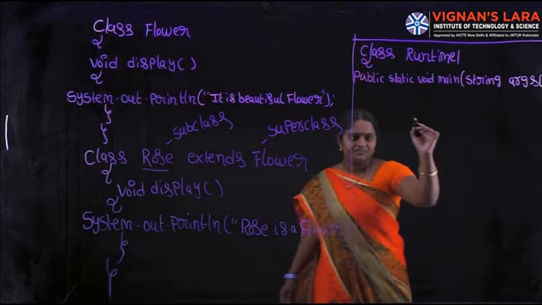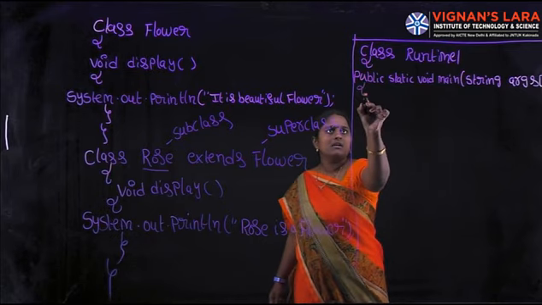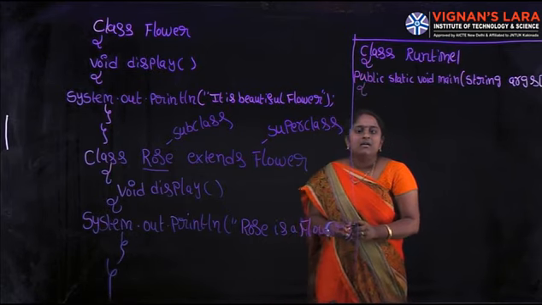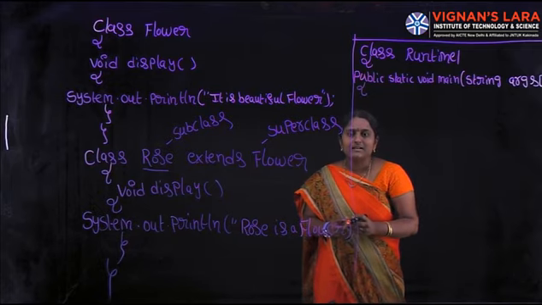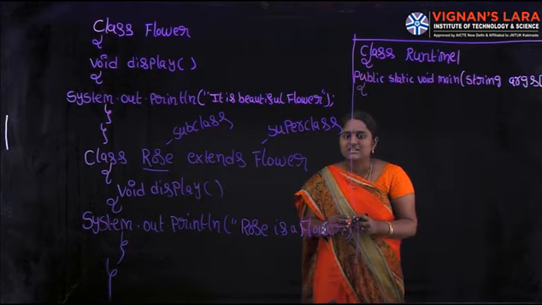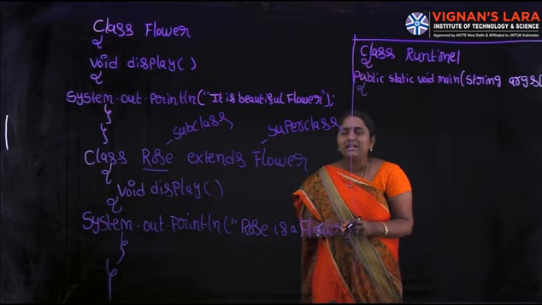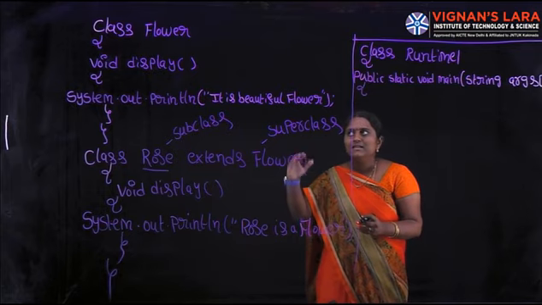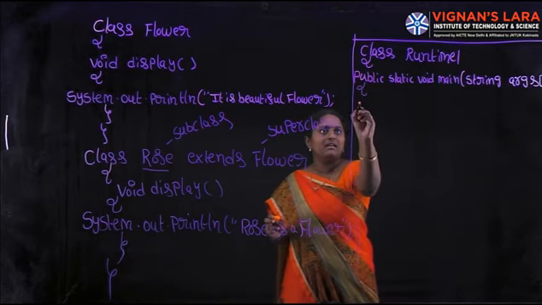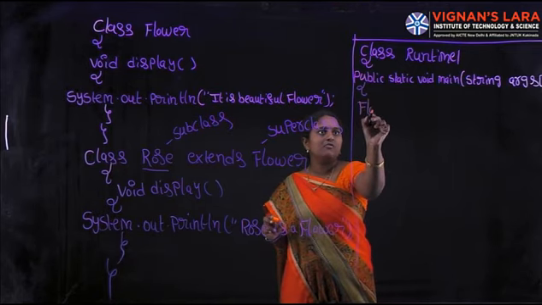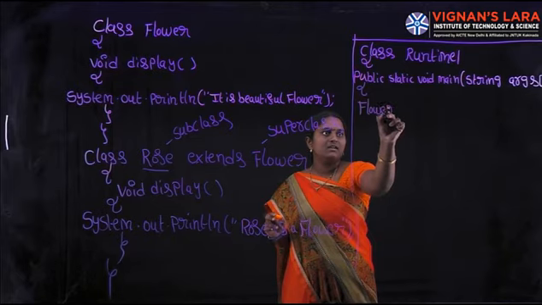Next, here I am creating a reference of the superclass. In runtime polymorphism, what is the process going on? In this program, what is our superclass? Flower. Here I am creating a reference of the superclass: Flower f.